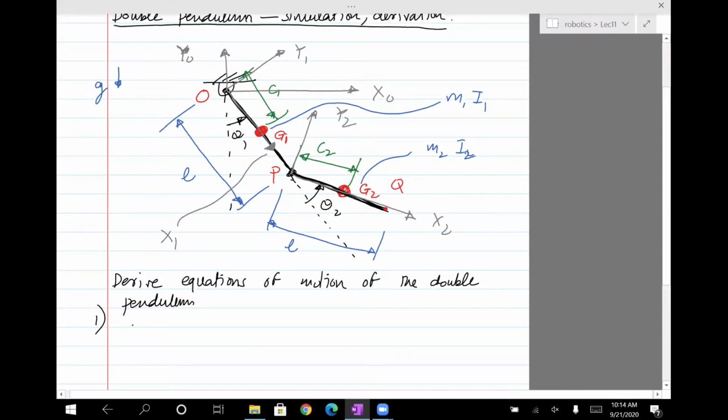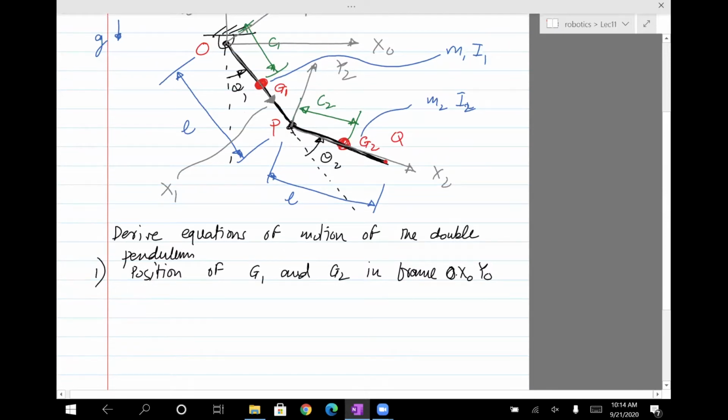So position of G1 and G2 in the fixed frame O, x0, y0. Okay, so what we do is we'll use the formula we've written in the past for rotation and translation.